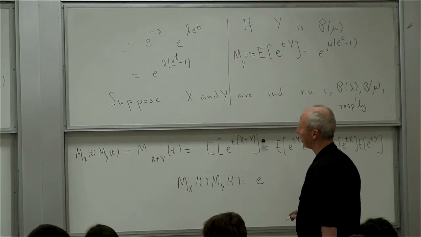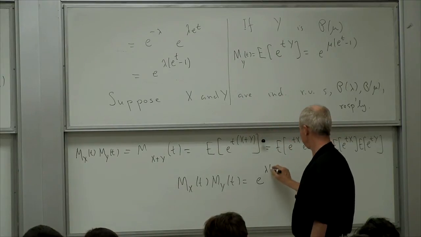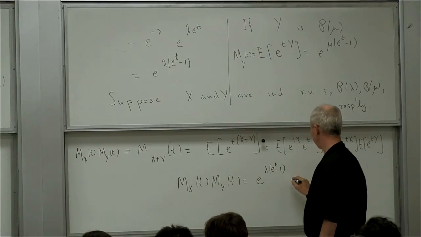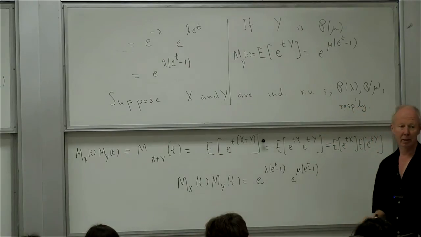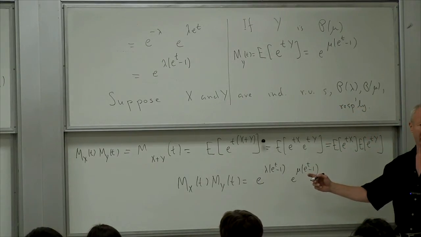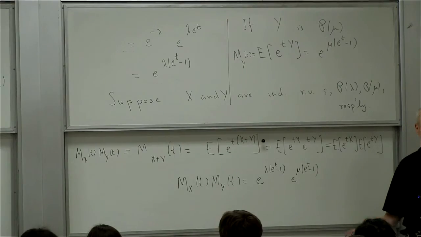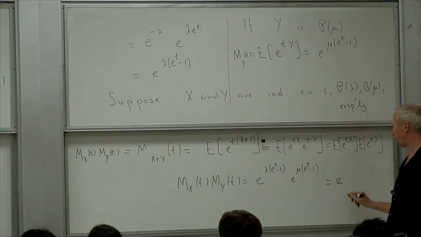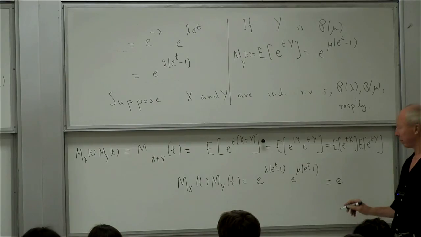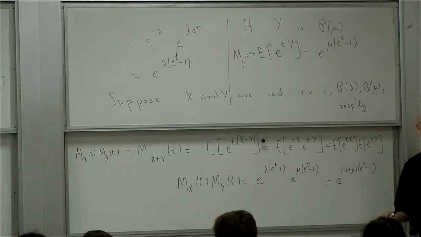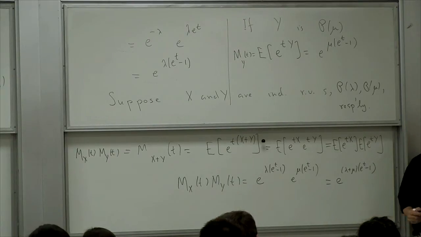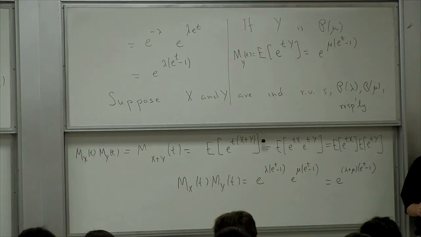Well, for x, we get e to the lambda times e to the t minus 1. For y, we get e to the mu times e to the t minus 1. There it is. But if you have e to something times e to something else, you should probably combine that into one e. And how would that combine? Okay, so what's the distribution of x plus y? Poisson with parameter lambda plus mu.